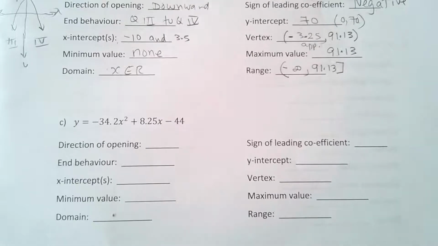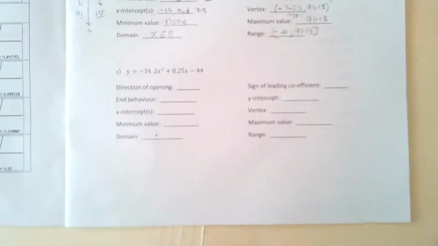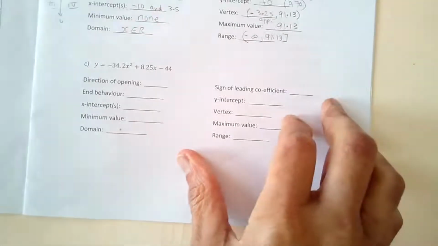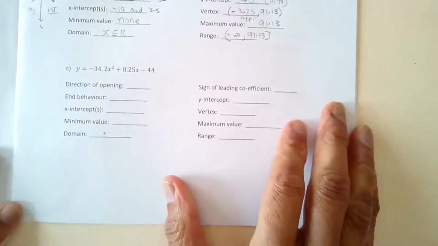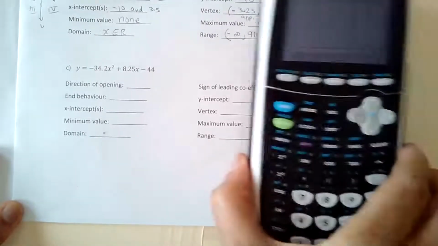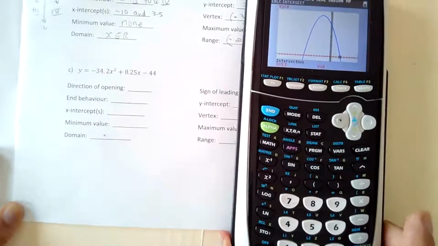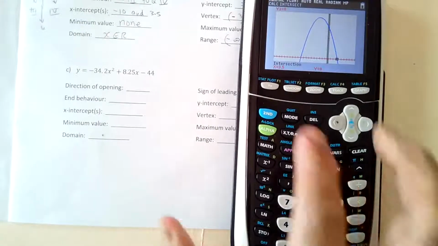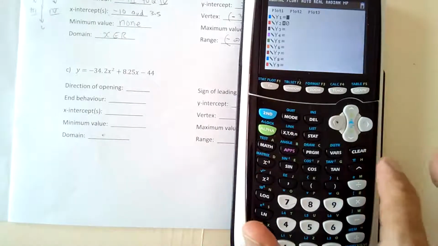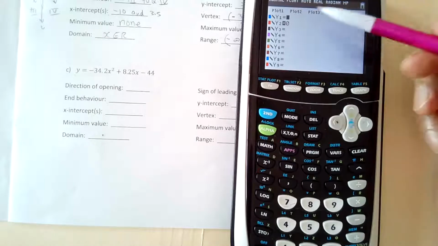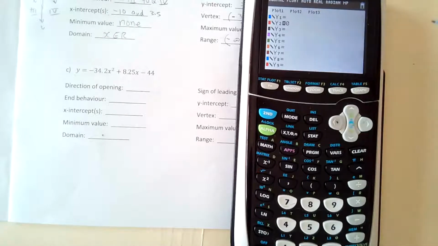So here we have one, and this one might be a little bit challenging because it seems to be a graph that you'll have some challenges finding. Let's look at what I mean by that. Okay, let's go to my equation. So clear this. Now I'll keep my y2 equals 0 because I'll need to find my x-intercepts.